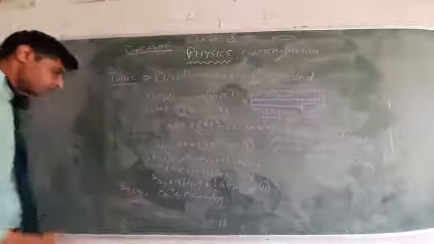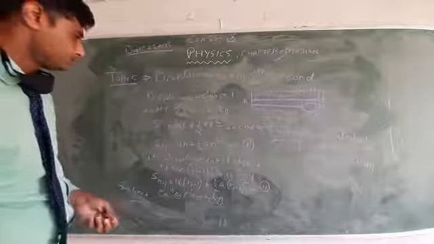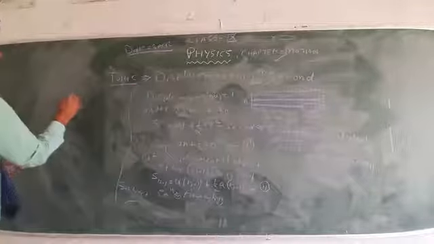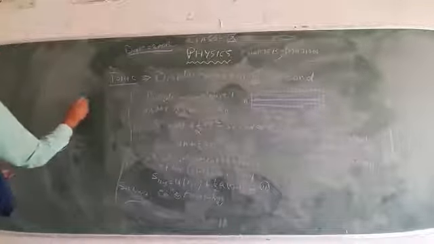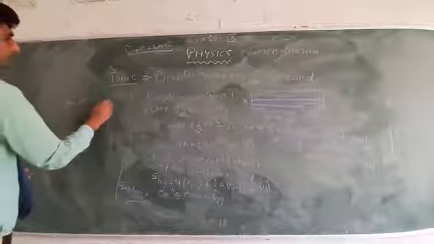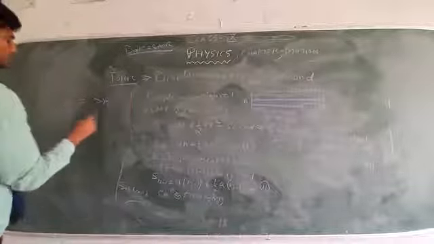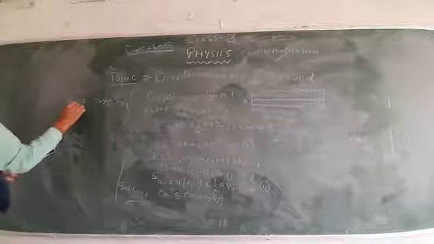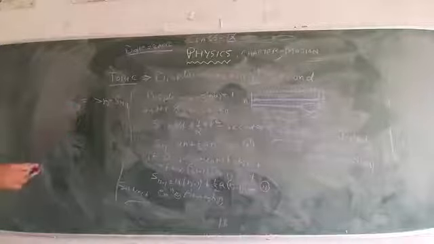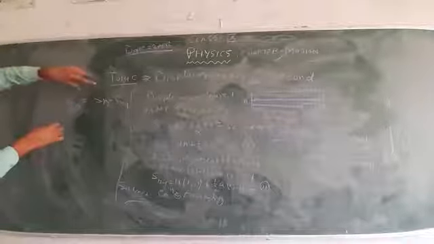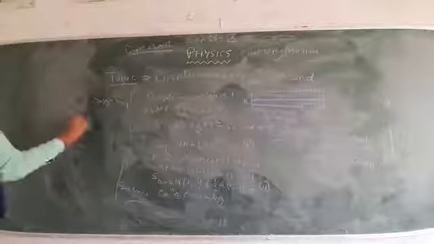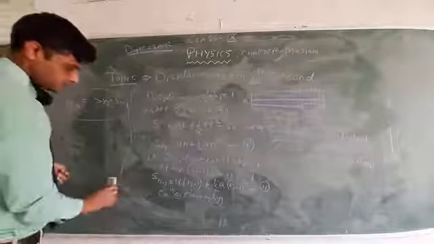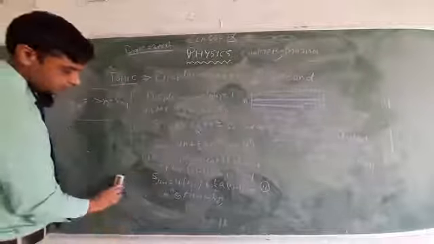It means Sn minus Sn minus 1, this is nth. So we can find this value easily. Okay, so let's start. You have to note down this value.